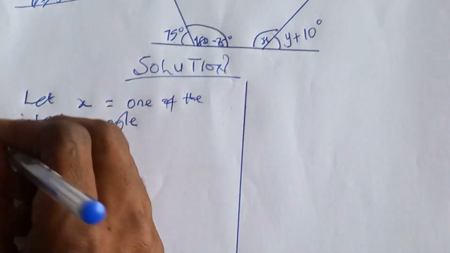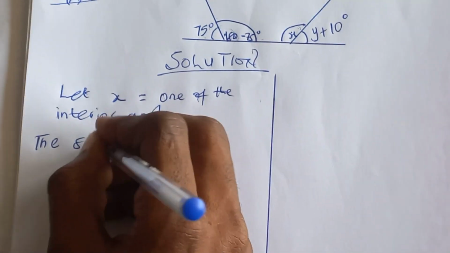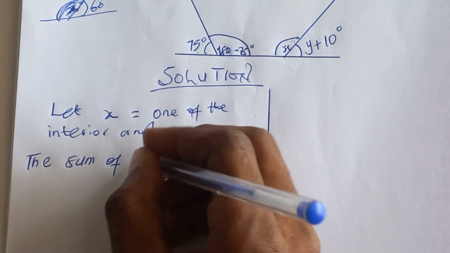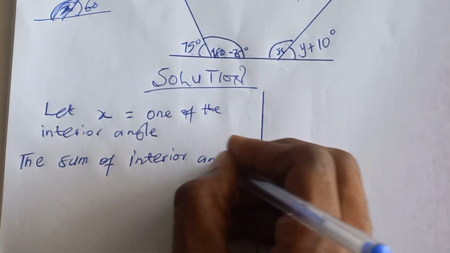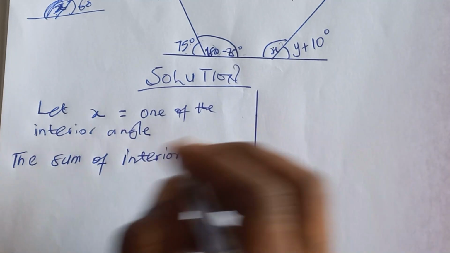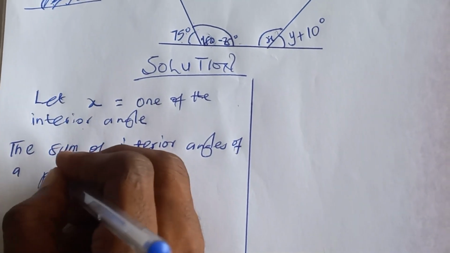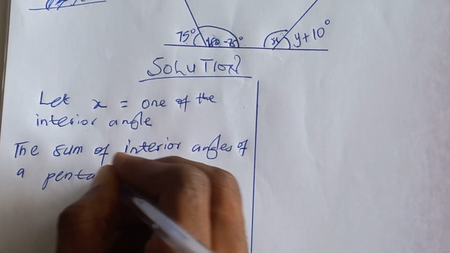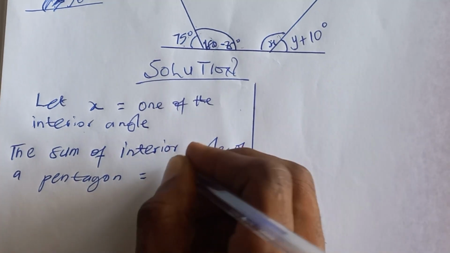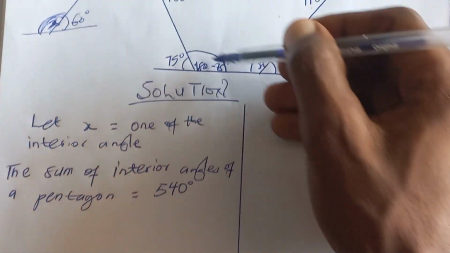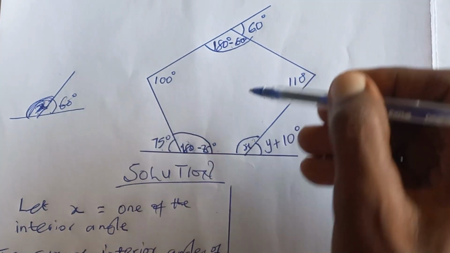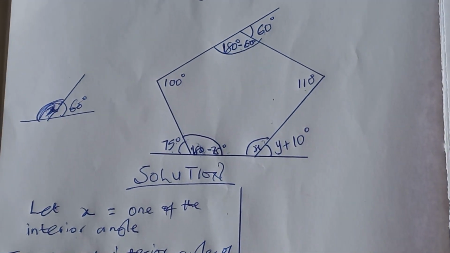So let me write it down here. The sum of interior angles of a pentagon is equal to 540 degrees. Good. So we can sum up all the interior angles and equate it to 540 degrees. So let's do that.